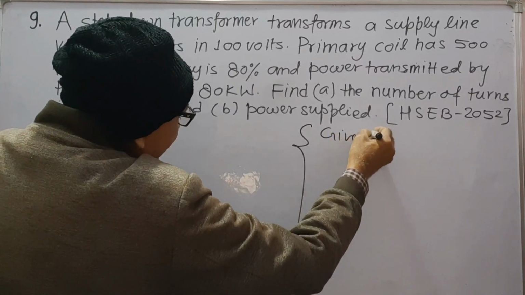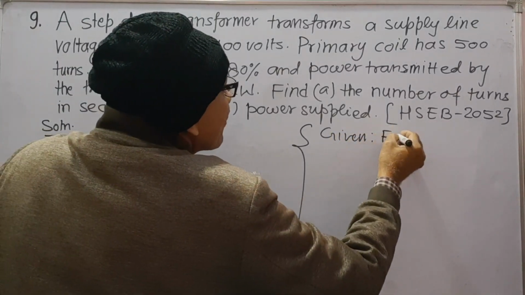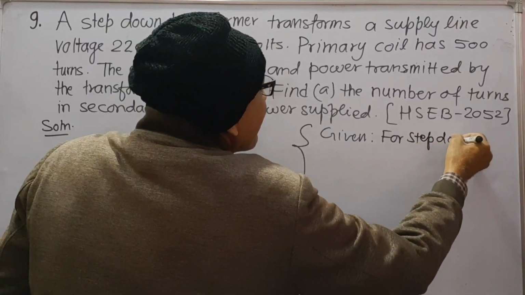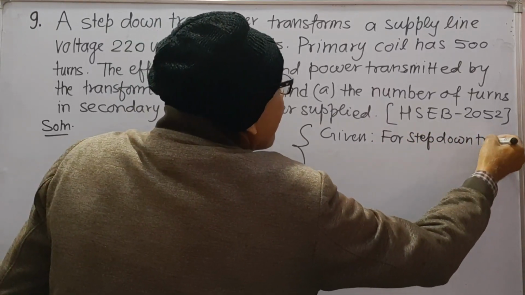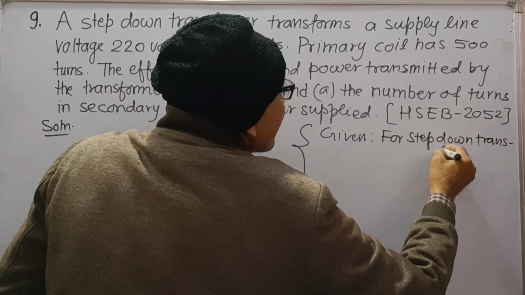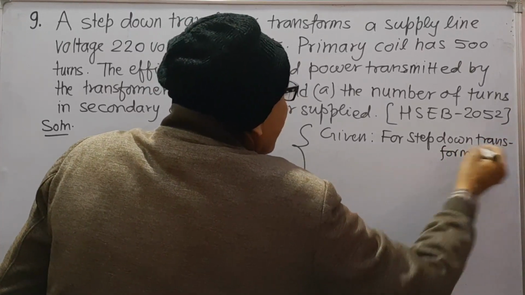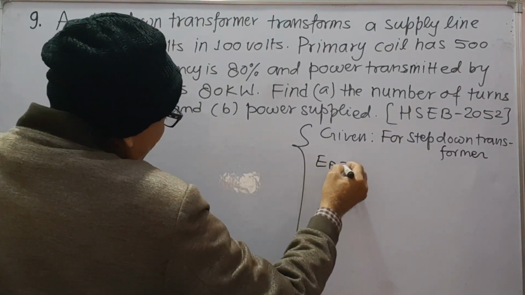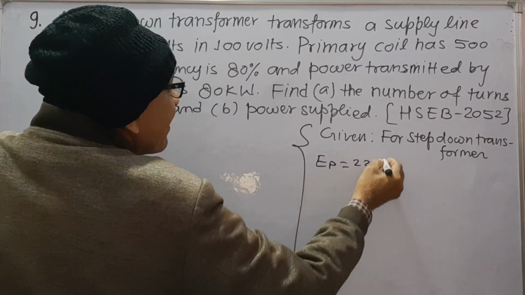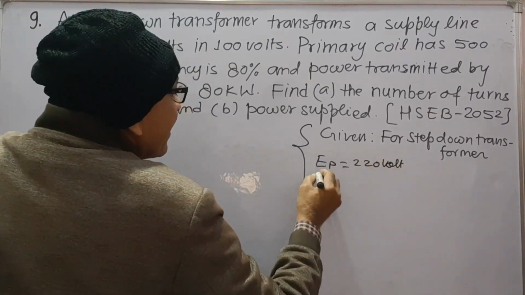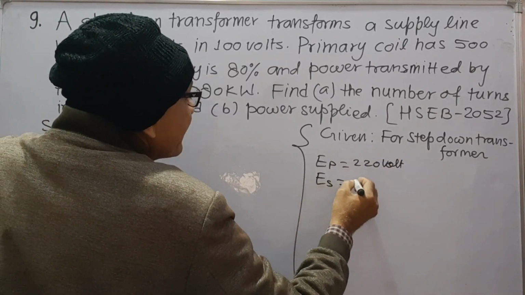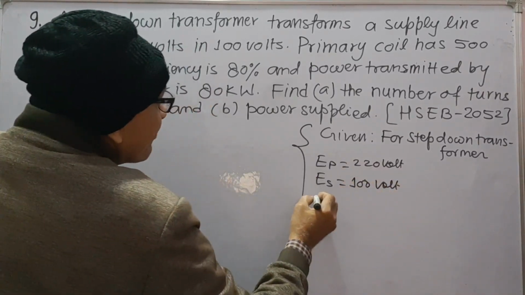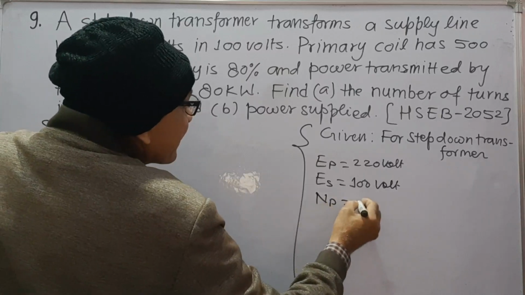Given, for step down transformer. Primary EMF is 220 volt. Secondary EMF is 100 volt. Number of turns in primary is 500 turns.